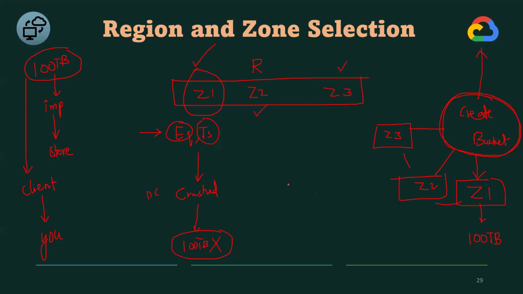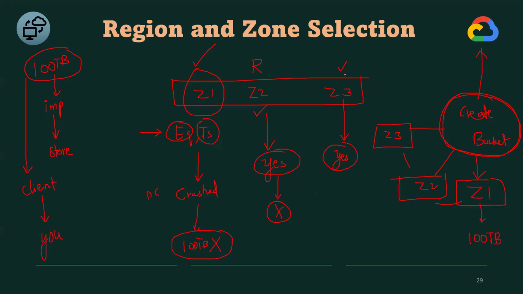So even if some earthquake happens in zone 1, can we get the data from zone 2? Yes. Even if zone 2 also fails, we can get the data from zone 3. This is how we can select multi-zones.